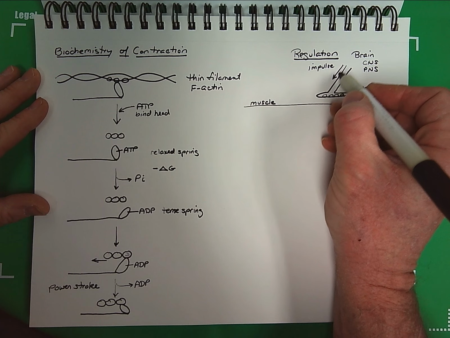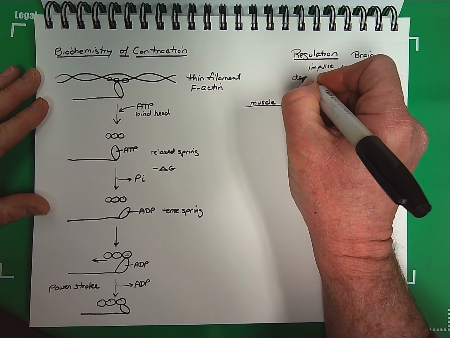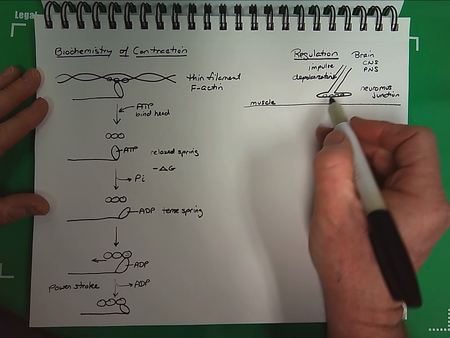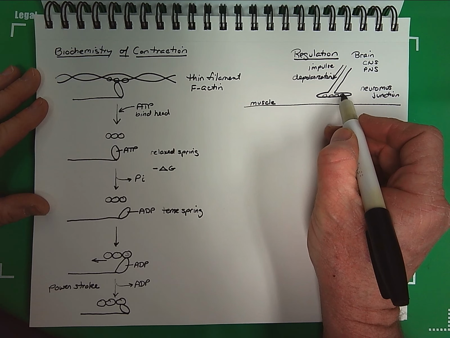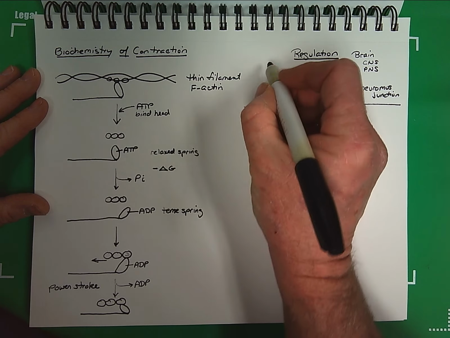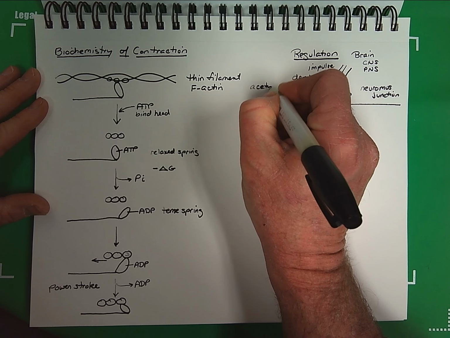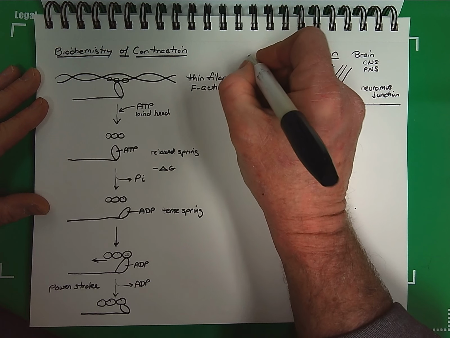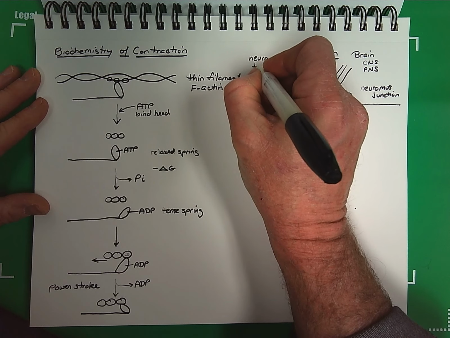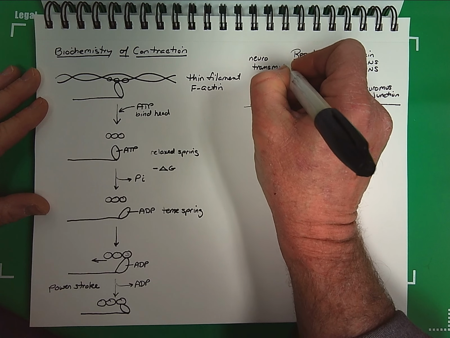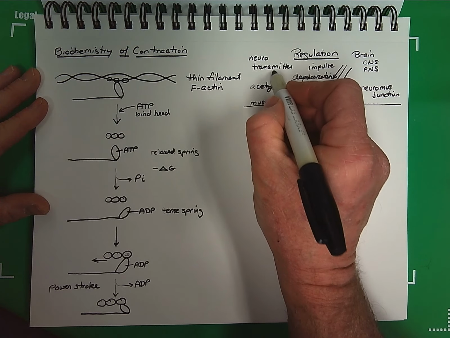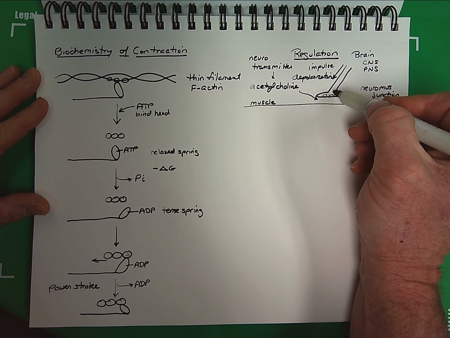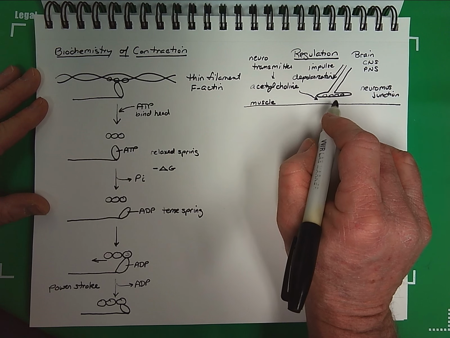So this electrical impulse, depolarization, induces these vesicles at the nerve terminus to fuse with the membrane and release acetylcholine. Acetylcholine is a neurotransmitter. Its job is solely to transmit the nerve impulse, electrical impulse, depolarization wave, into a chemical signal.